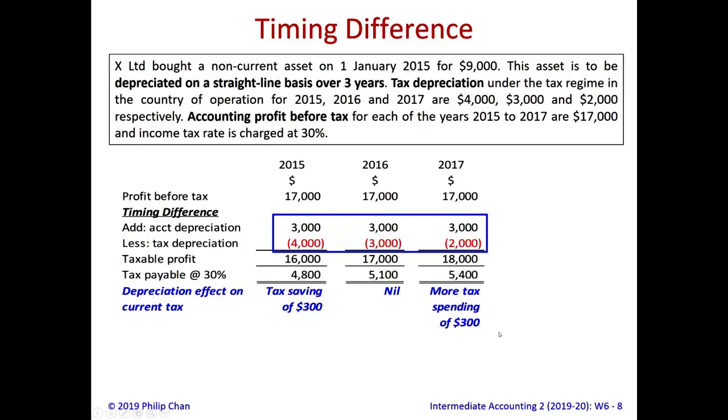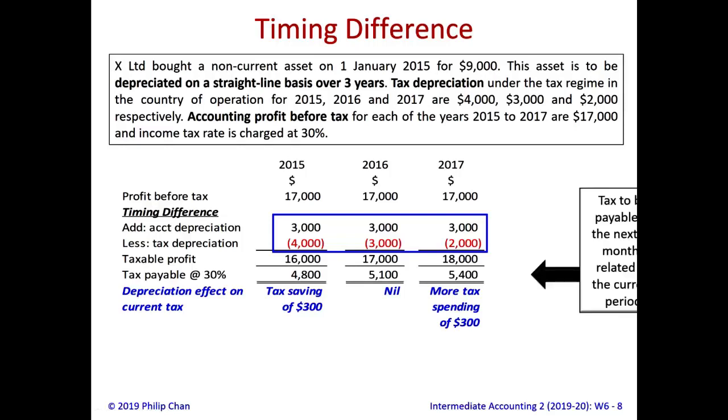Well, is it familiar to you? Of course. The reason is that you create a timing difference in the first year, right? Because they are different. And then it would carry forward, and finally it will reverse. So the timing difference that you create in the first year in fact represents a tax saving of $300. It would carry forward, and then eventually in 2017, it would reverse.